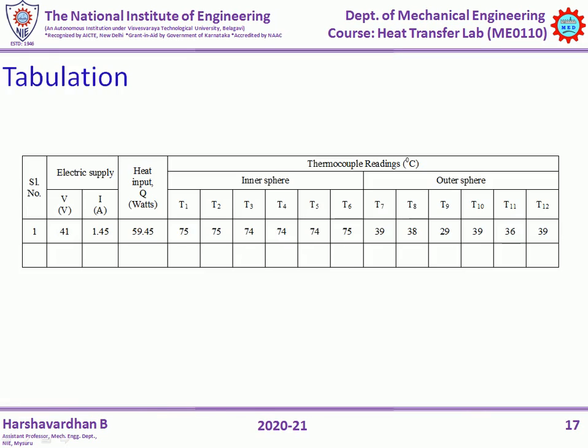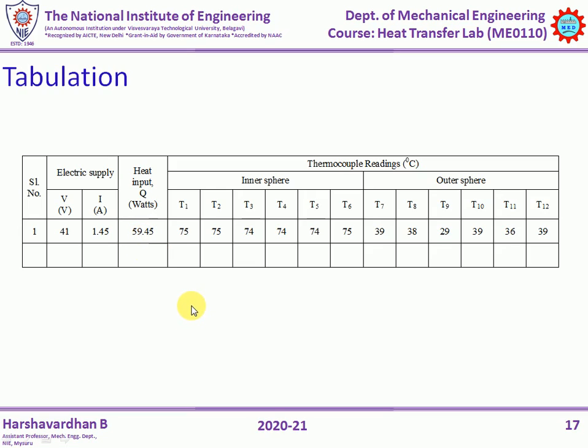Now it's time for filling up the tabular column. First we have to note down the voltage and current supplied to the electrical heater. So in this trial we had given a voltage of 41 volts and a current of 1.45 amps, which represented a heat input of 59.45 watts to the electrical heater.